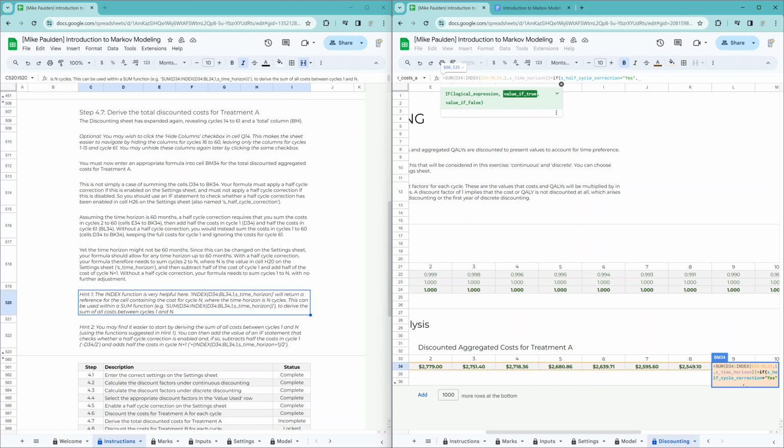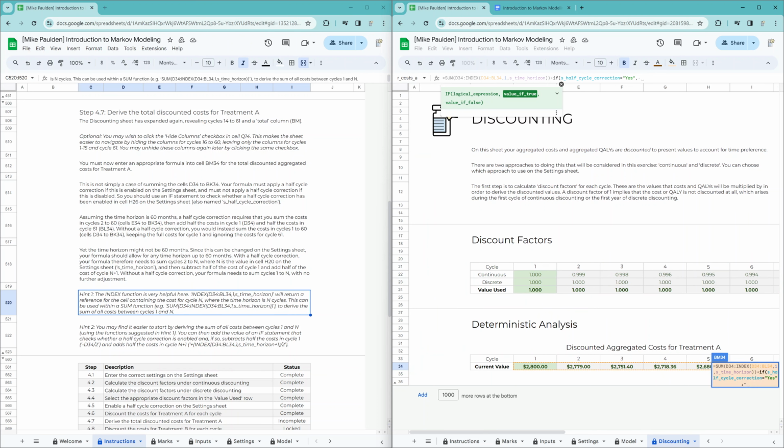And how do we apply half cycle correction? We have to subtract half of the very first cycle. So in order to do that, I'm going to say minus, and then what was the first cycle? That was D34. And we're going to just divide that by 2.